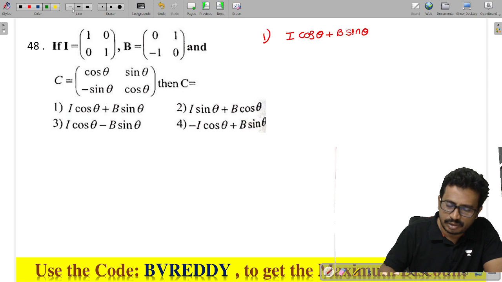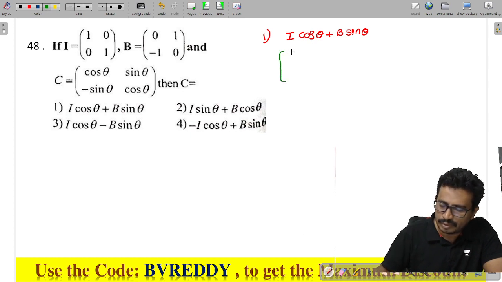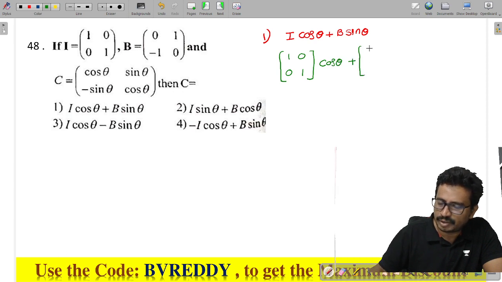Right. Now you can see the I matrix, which is given as 1 0 0 1, and this is multiplied by cos theta, plus the B matrix 0 1 minus 1 0, multiplied by sin theta.